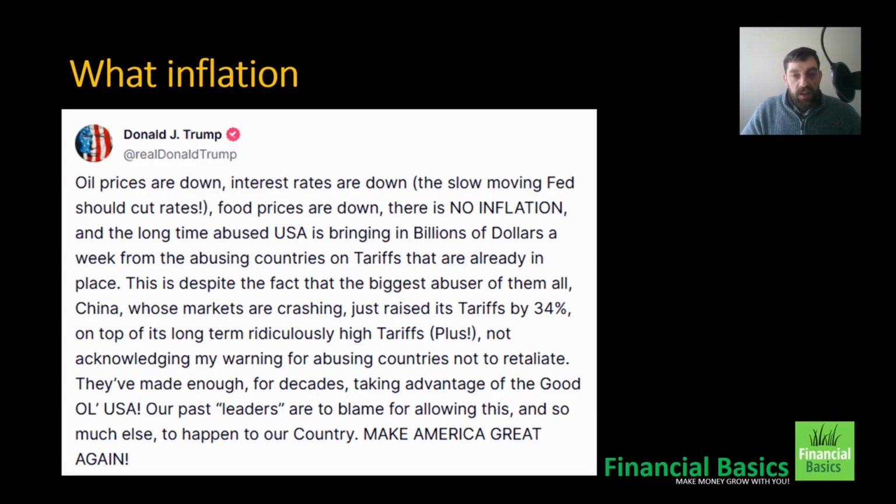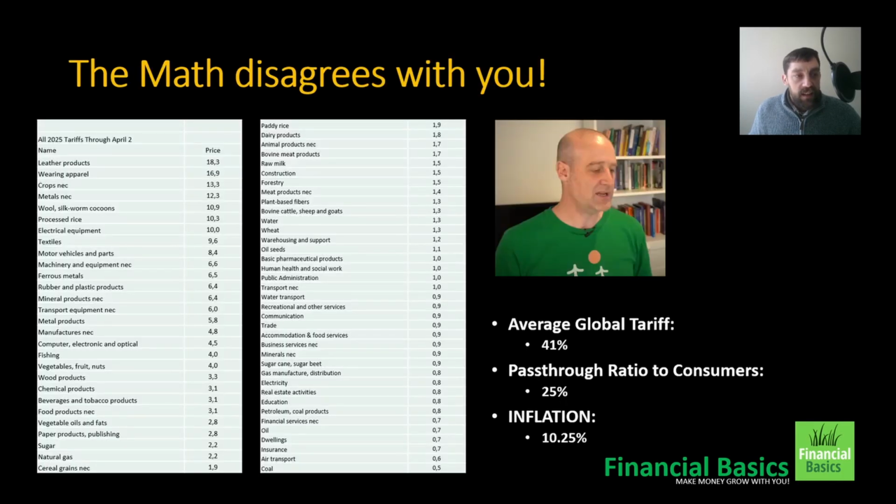Obviously, Donald Trump is outright saying interest rates are down, oil prices are down, food prices are down. Inflation is a myth at the moment. It's just not there. There is no inflation at the moment. And unfortunately for good old Donald, the math disagrees with you. So this is Matt Parker. He did a bit of an analysis.